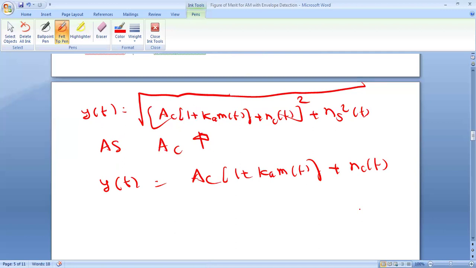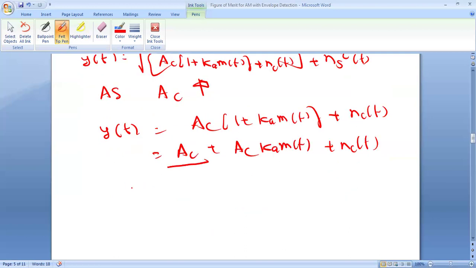If you have observed the demodulated signal or output of the IF section, it consists of AC plus AC Ka M of t plus NC of t. This AC contains no message signal. AC is the carrier amplitude, no. It contains no message signal. Simply, it is a DC component.